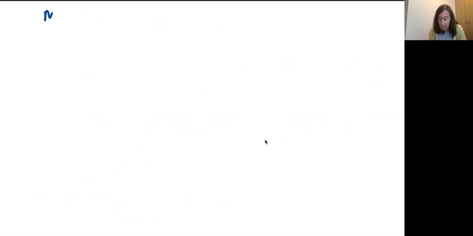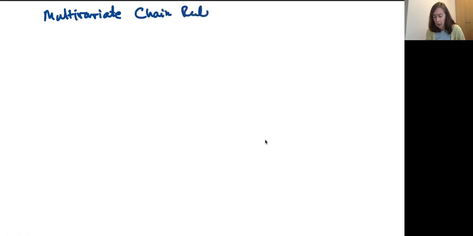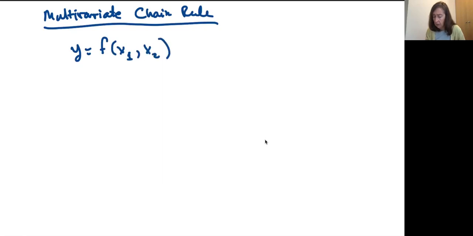So we're going to have a multivariate chain rule. I'm just going to write it out for a function of two variables here; I think you'll see how it generalizes in a really obvious way to more than two. So again, we've got y as a function of x1 and x2, but now we're also going to have x1 be a function g1 of u1 and u2.